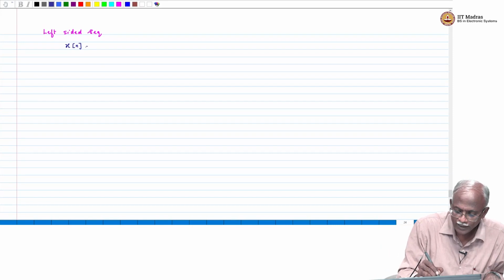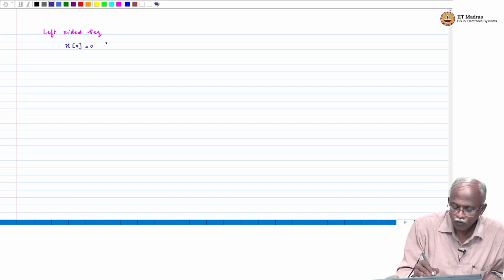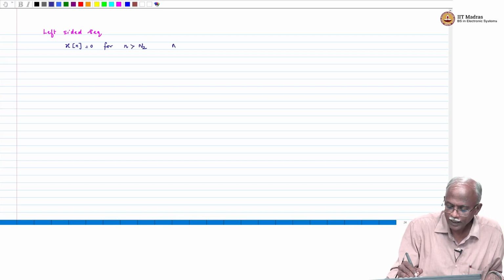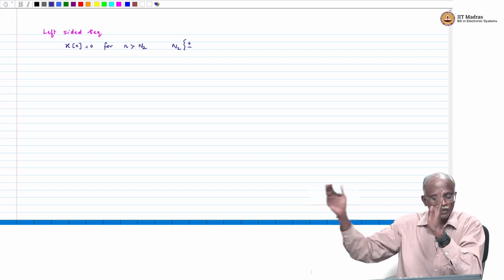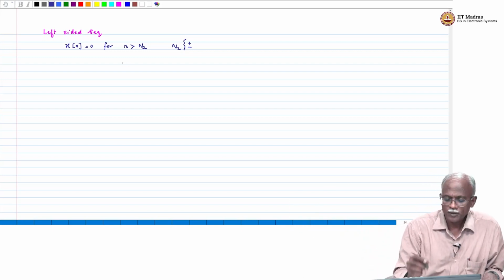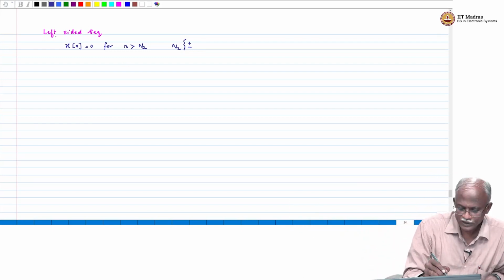So, if x of n is equal to 0 for all integer values n greater than n2, where n2 can be positive or negative, does not matter, there is a point beyond which it is all zeros. Such a sequence is called a left-sided sequence.